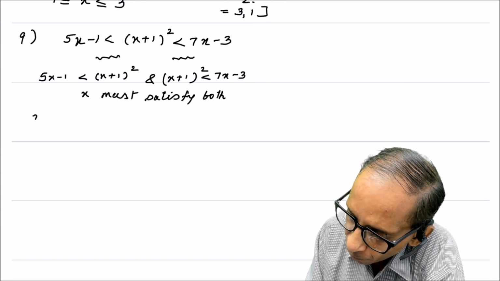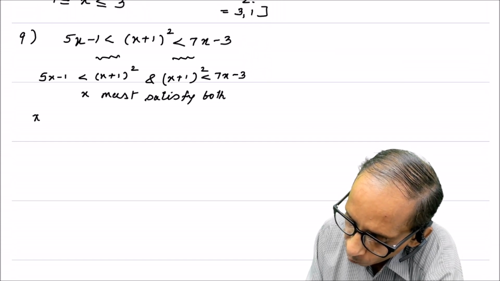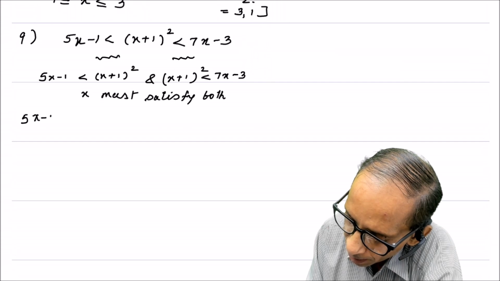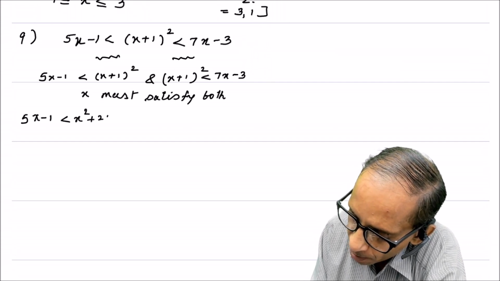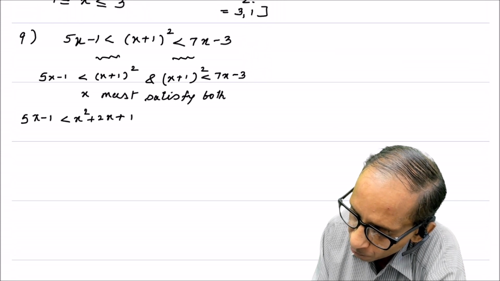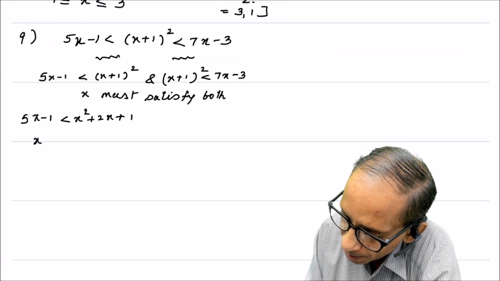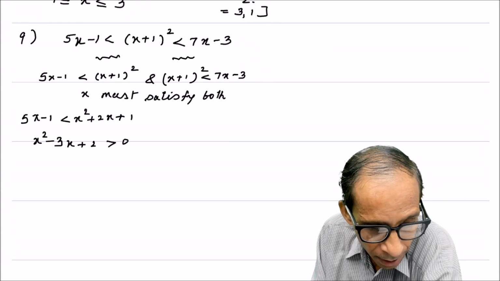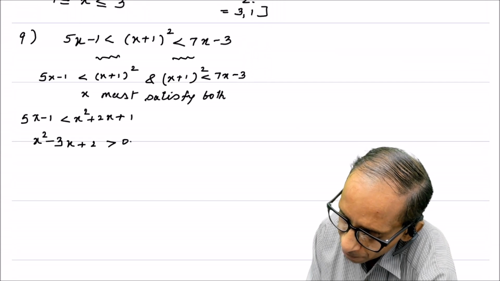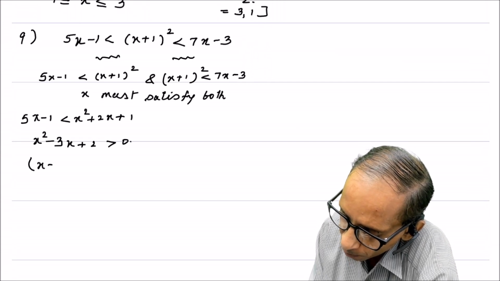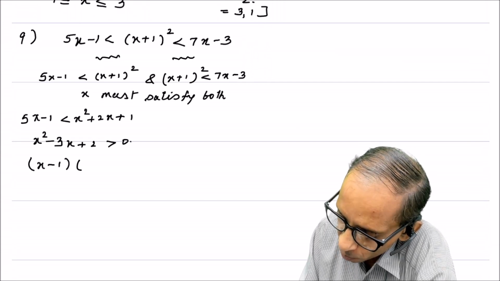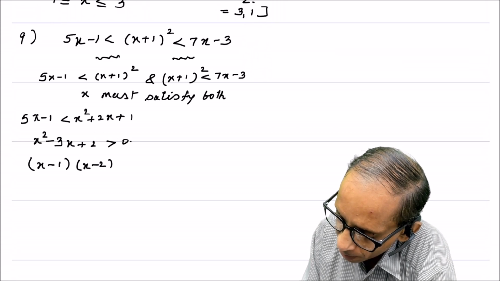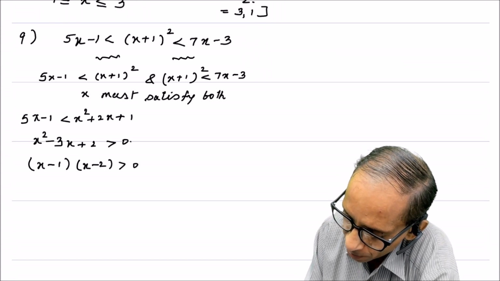If you consider the first one, 5x minus 1 is less than x square plus 2x plus 1. That becomes x square minus 3x plus 2 greater than 0. And as we had considered in question number 1, it was x minus 1, x minus 2 product greater than 0.